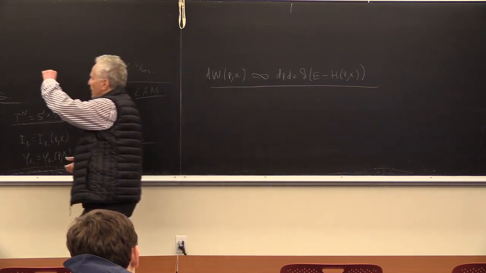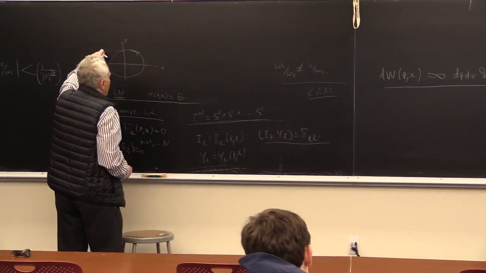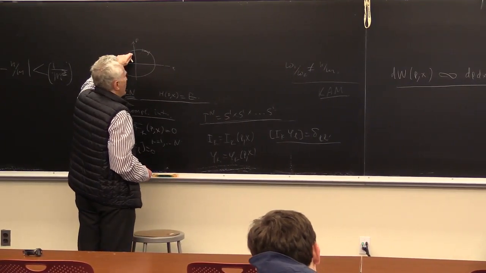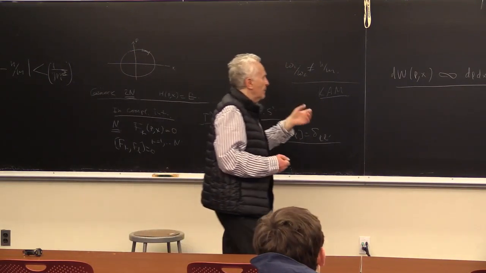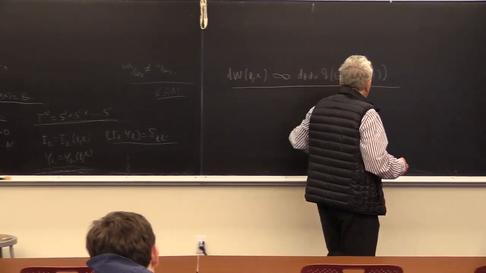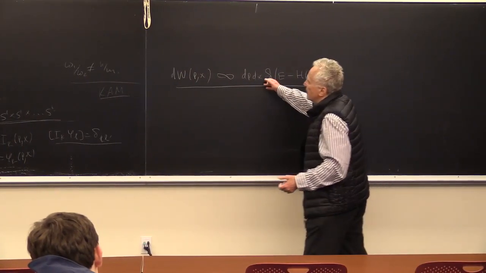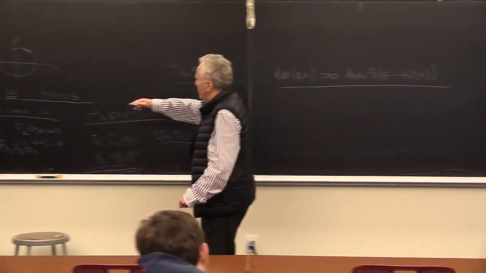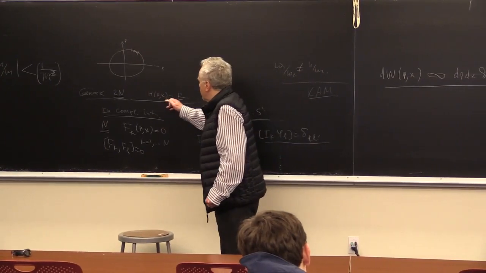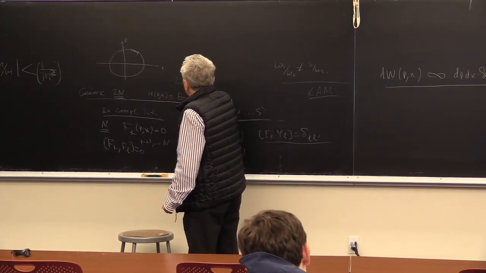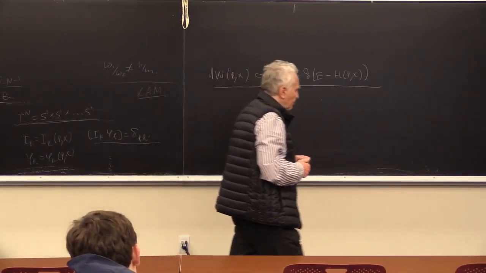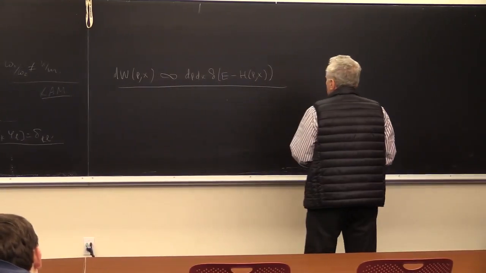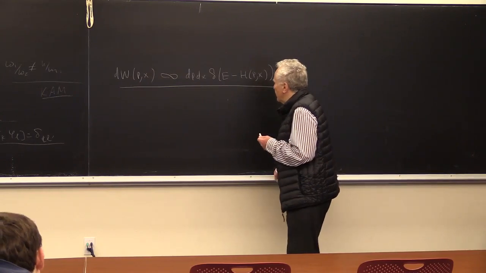So this delta function is what makes, if you apply this rule here, you will obtain a surface in the 2n minus 1 dimensional phase space, and you expect that this ergodicity is fulfilled.